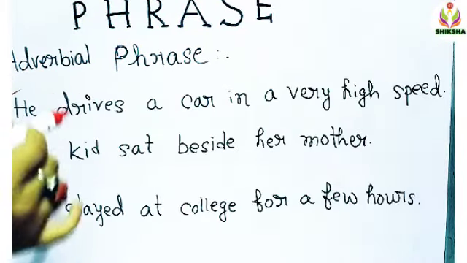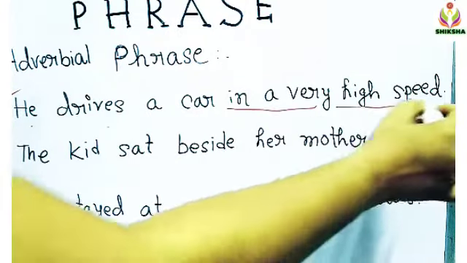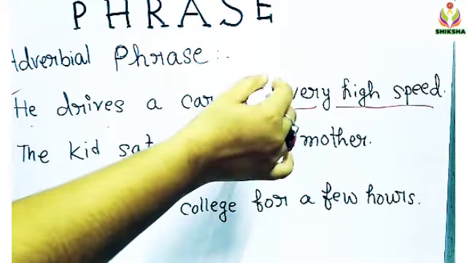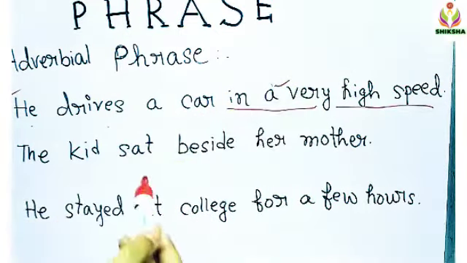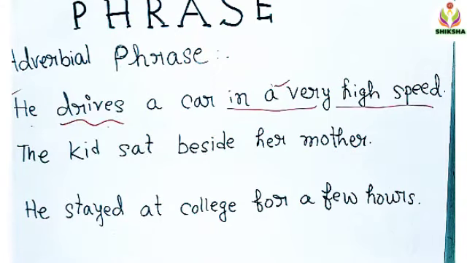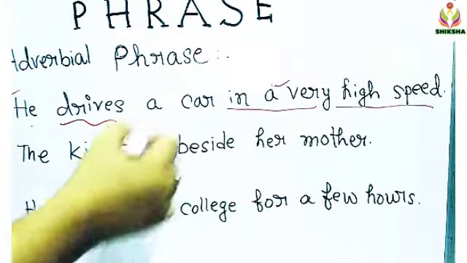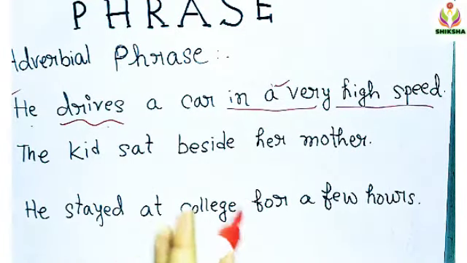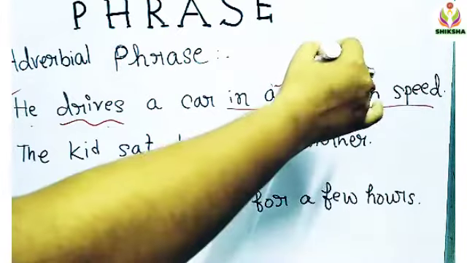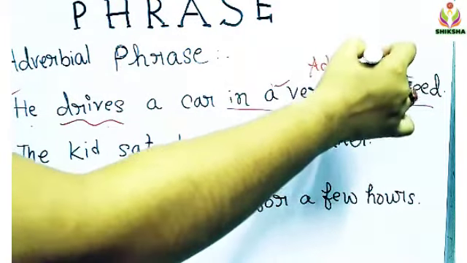In the first example, he drives a car in a very high speed. Here the underlined part is describing how he drives a car, or in what manner he drives a car. In a very high speed. That's why it is working here as an adverb of manner and it is an example of adverb phrase.